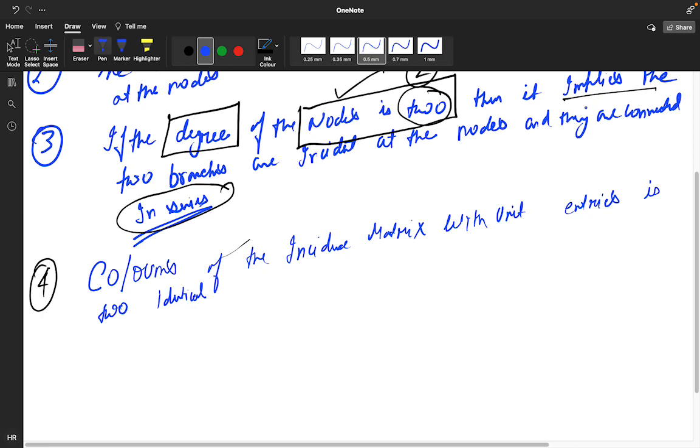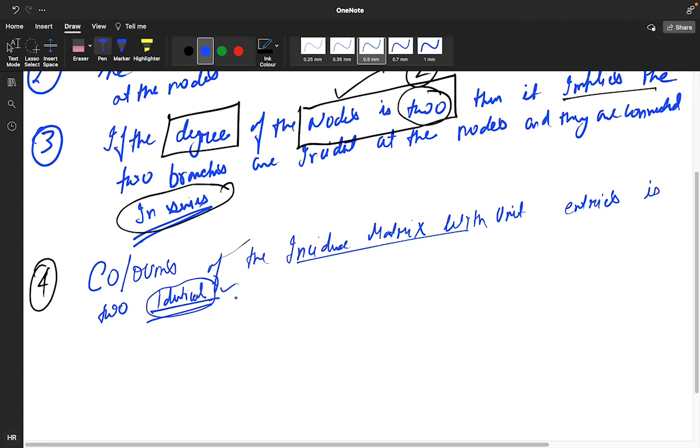So see the meaning. Identical is coming. This word is very, very important. So if you are getting in a column of the incidence matrix unit entries in identical rows, you are getting the identical incidence matrix.